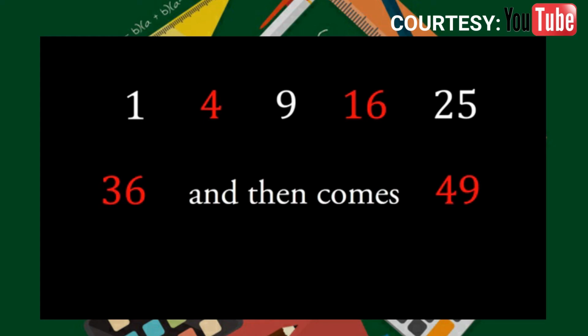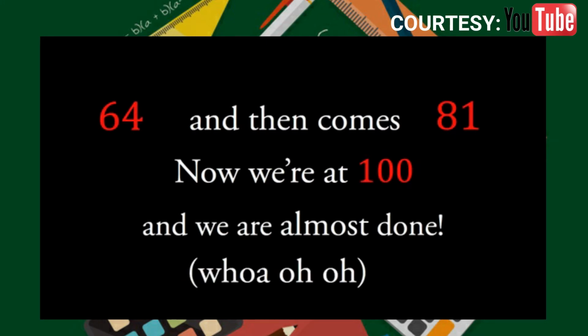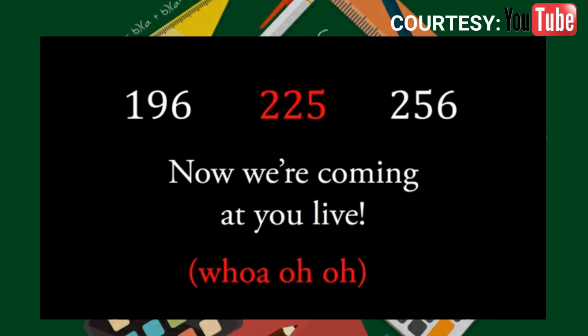1, 4, 9, 16, 25, 36, and then comes 49, 64, and then comes 81. Now we're at 100 and we are almost done. 121, 144, 169, now we're coming out the door. 196, 225, 256, and now we're coming at you live.